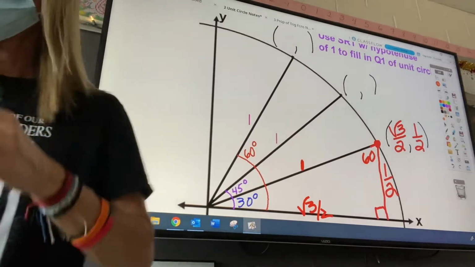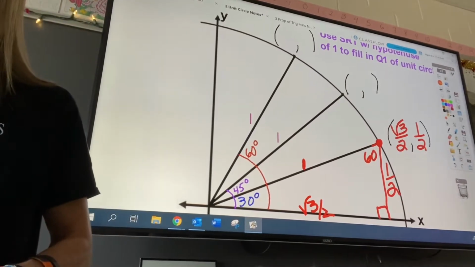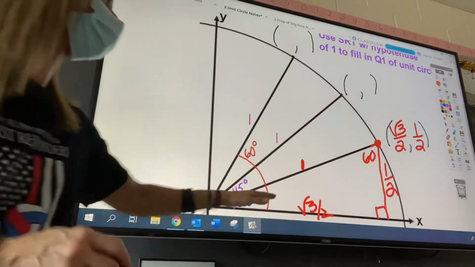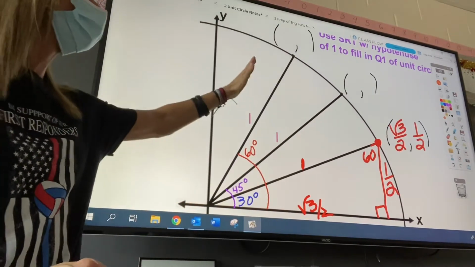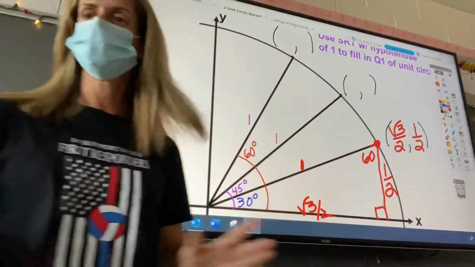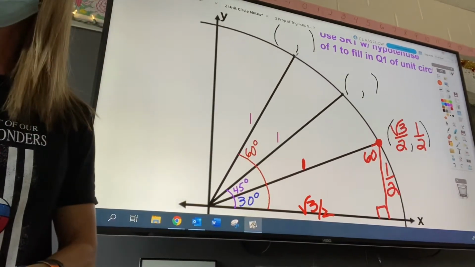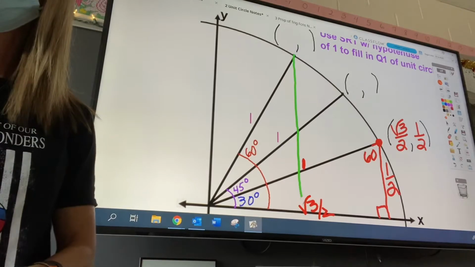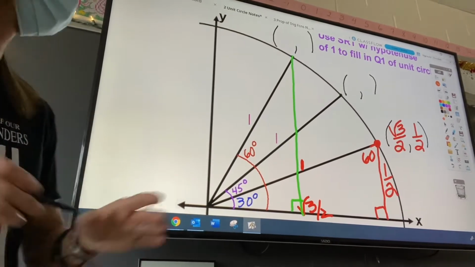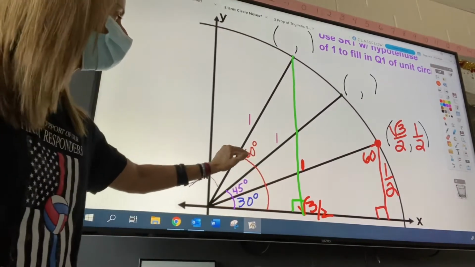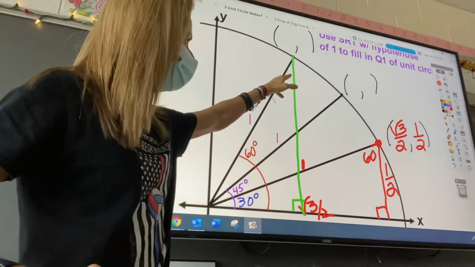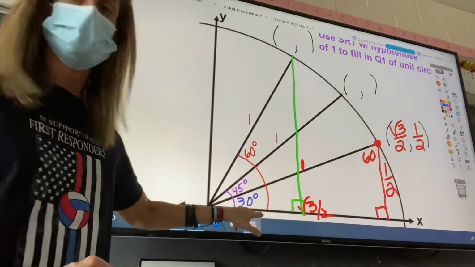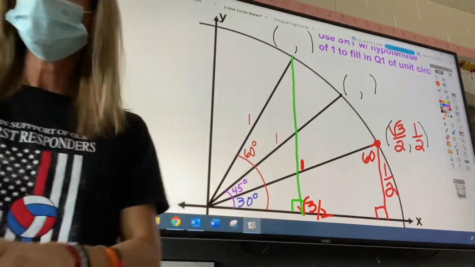Okay, so that's what I call the short triangle. This is the taller triangle. I'm going to skip the middle one because that's the easiest. In the taller triangle, this angle is 60 degrees, which makes this angle 30, which makes this side the short side. Can everybody see this triangle?